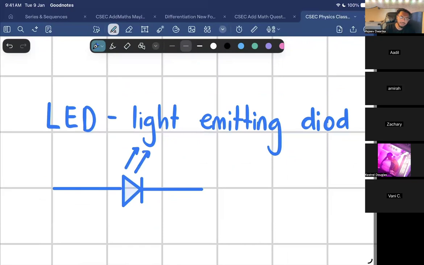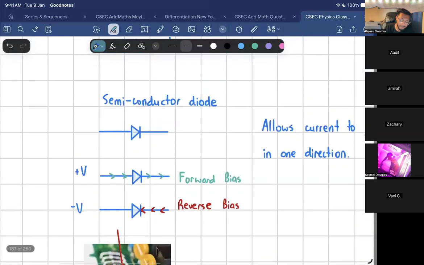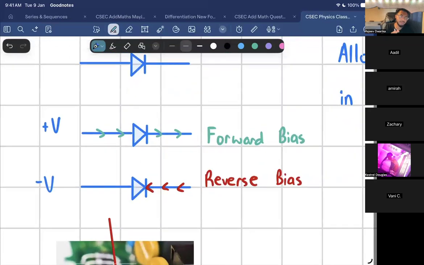Do you think our LED will come on regardless of how you connect the battery? Or do you have to connect it in a specific manner? I think it will come on anyway. No. Amira, again, this is a diode. Does a diode allow the flow of current in both directions? Oh, no, sir.